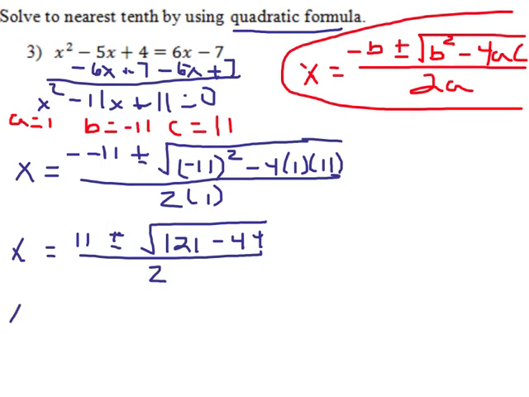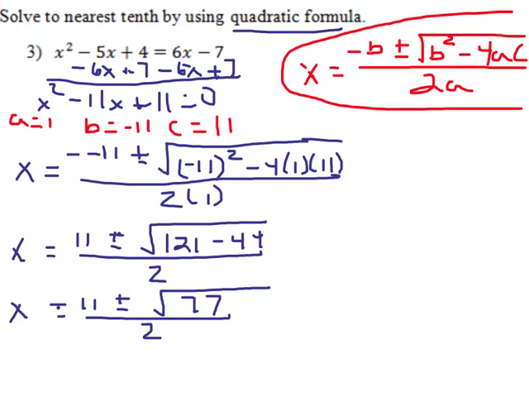Okay, so then x equals 11 plus or minus the square root of, let's see here, you take 40 off of that, it's 77. And then divided by 2.